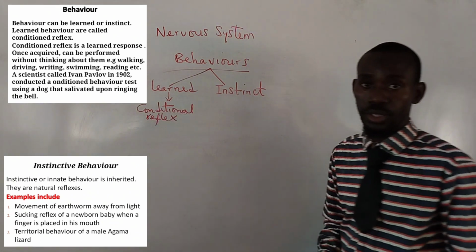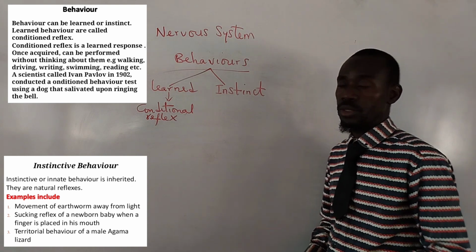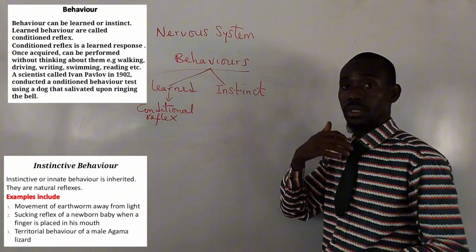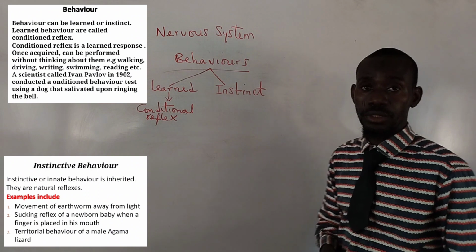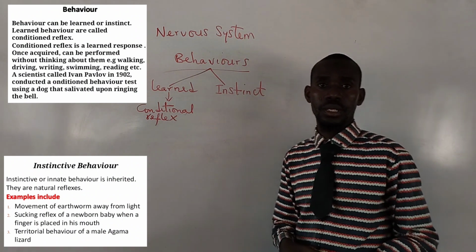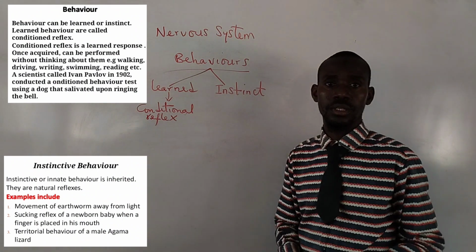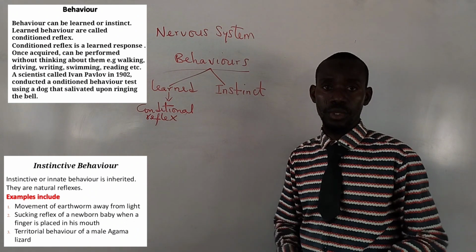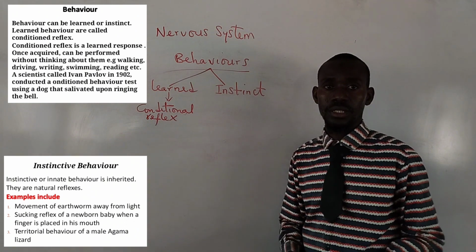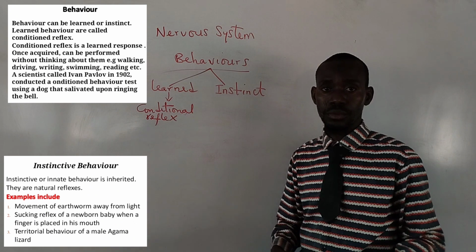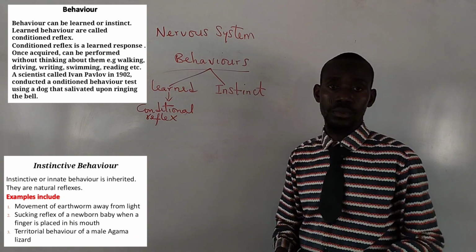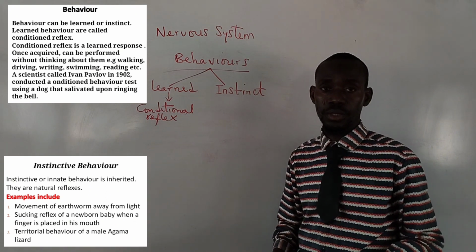Learned behavior is a conditional reflex. So it has to be learned before the action is exhibited. And once it has been learned, it becomes a part of the individual. So after that, the organism will not have to think about it before it is performed.